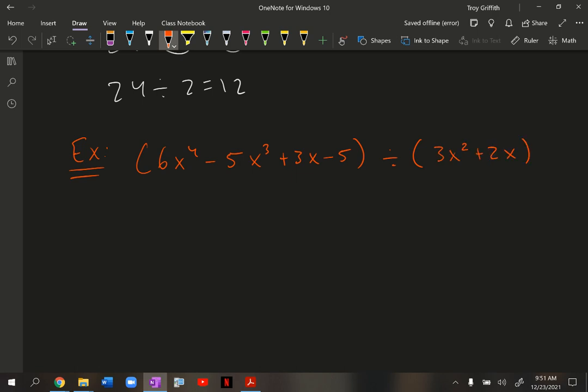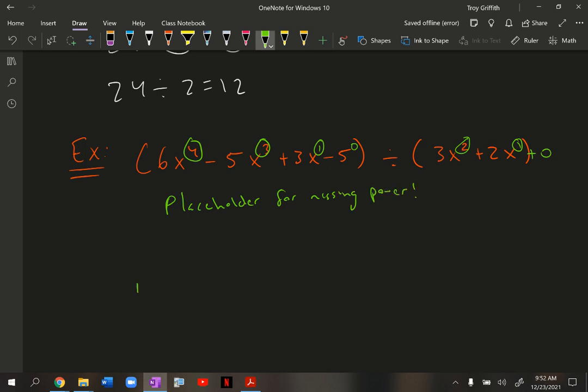One thing I want you guys to notice on this one: the powers go 4, 3, 1, nothing. And this goes 2, 1, nothing, plus 0. If you are in a situation where this is the case, you must put in a placeholder for the missing power.